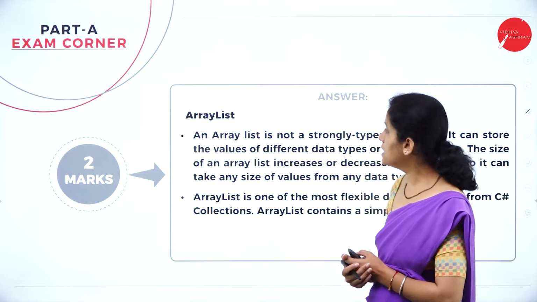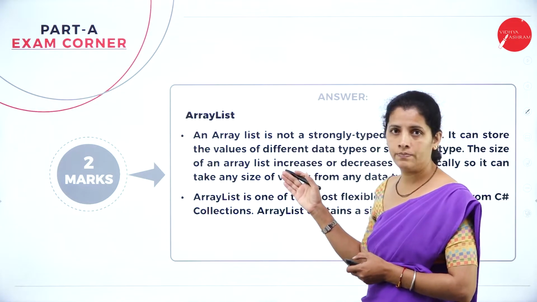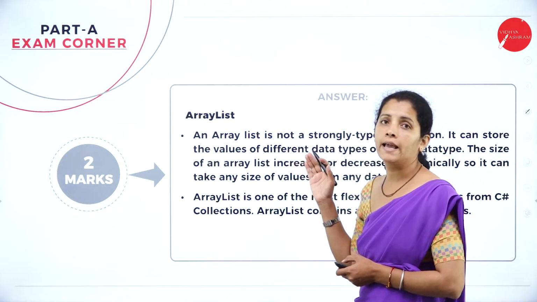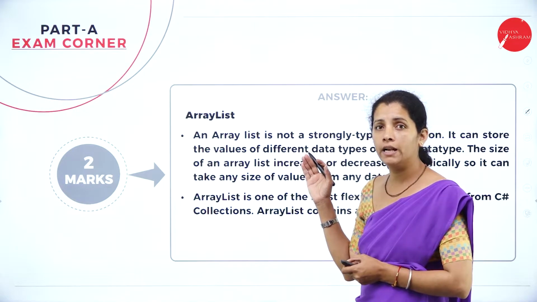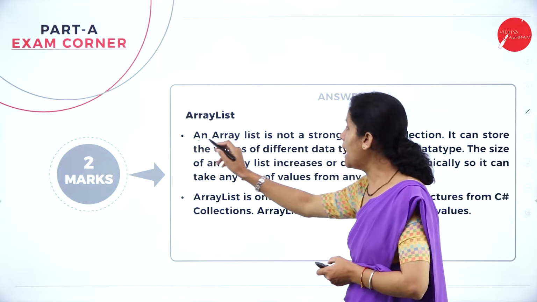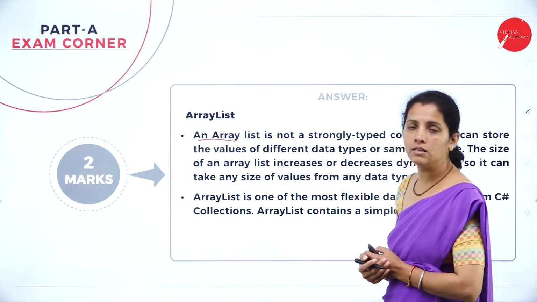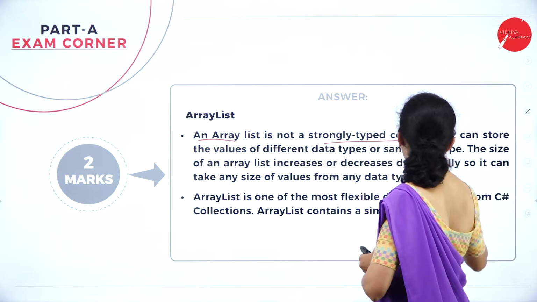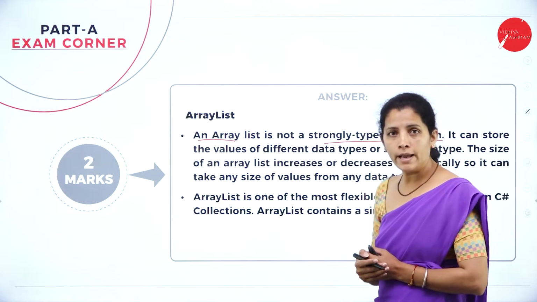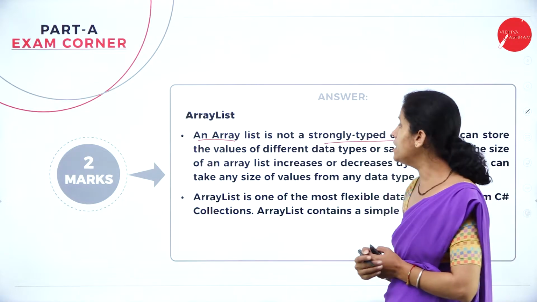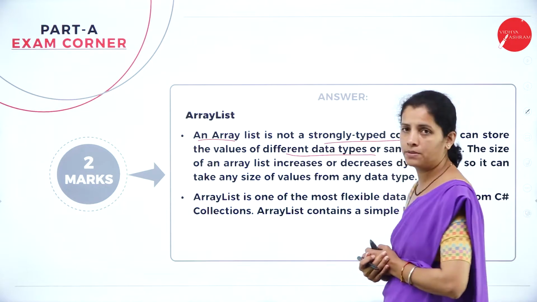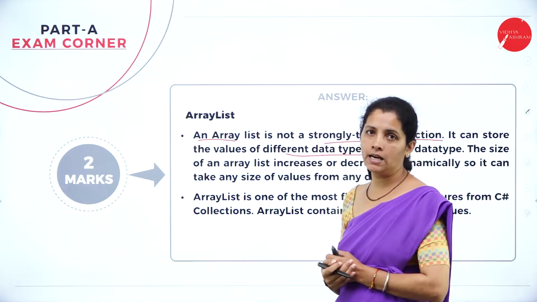But if I consider an array list, in my array list, I can have different kinds of data types. So an array list is not a strongly typed collection. By using an array list, I can store different data types or the same data type.